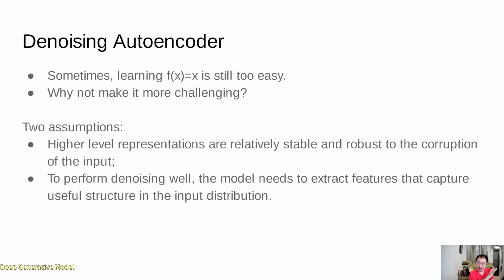Then in this case, you can do something along the same idea without making your latent space a bottleneck. One way to do that is to add some noise. Before you feed your X into F, you corrupt your image, like adding some noise, and hope F reconstructs this X back.